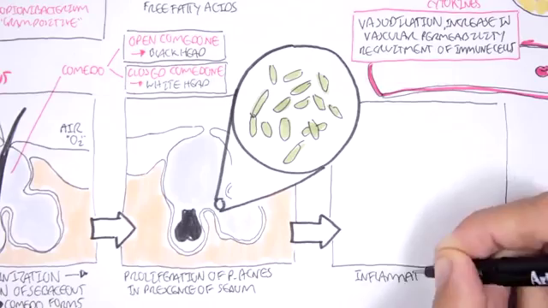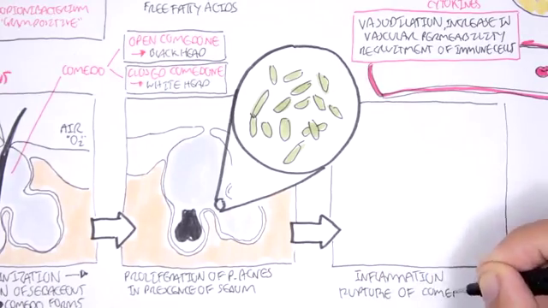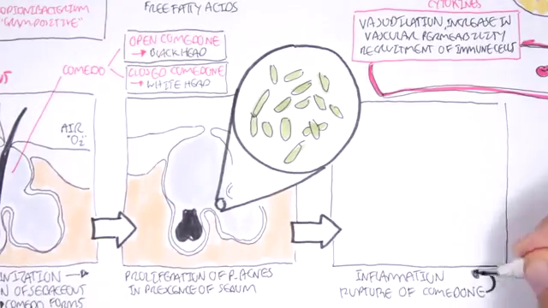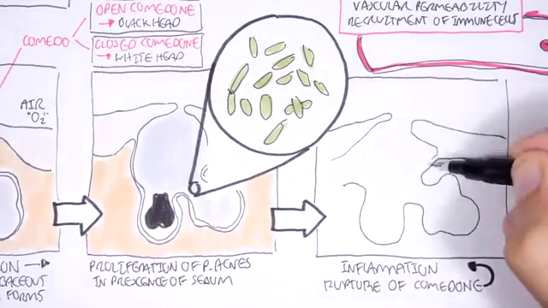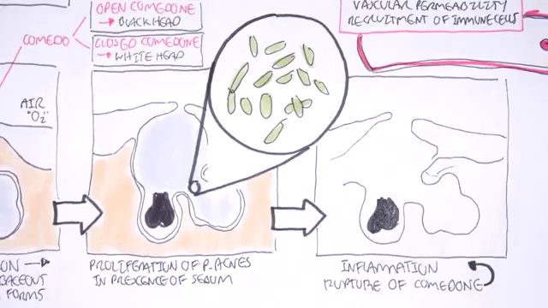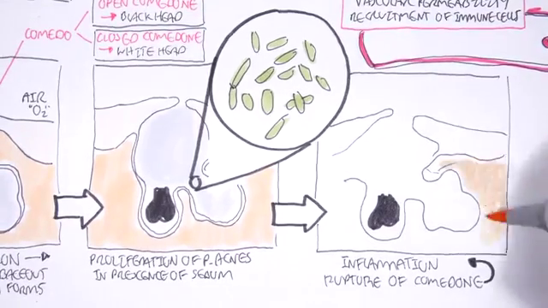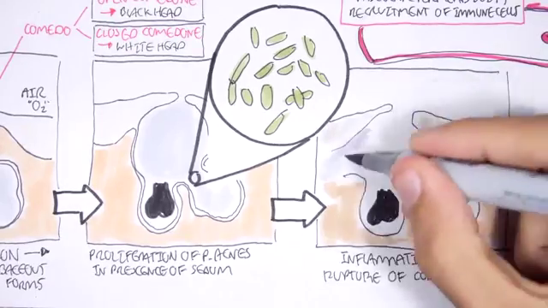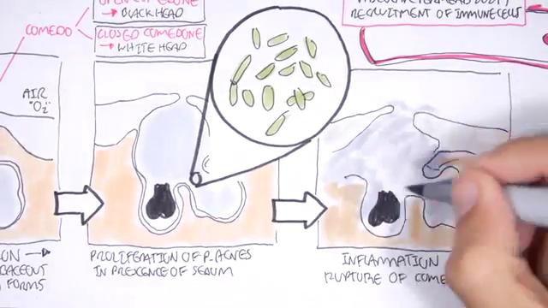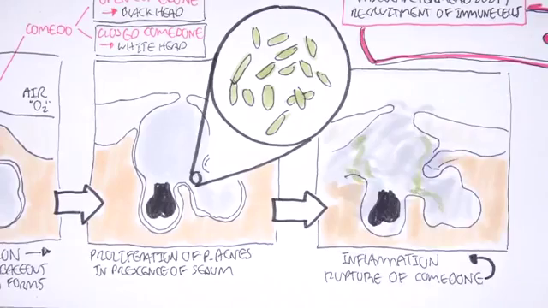Eventually the komedo will rupture, either because it is popped by the individual or through self-rupture. This will lead to inflammation, which is the final stage of acne pathogenesis. This stage is often self-limiting, but the rupturing of the komedo can leave some scarring, craters, depending on, I guess, how big it is.